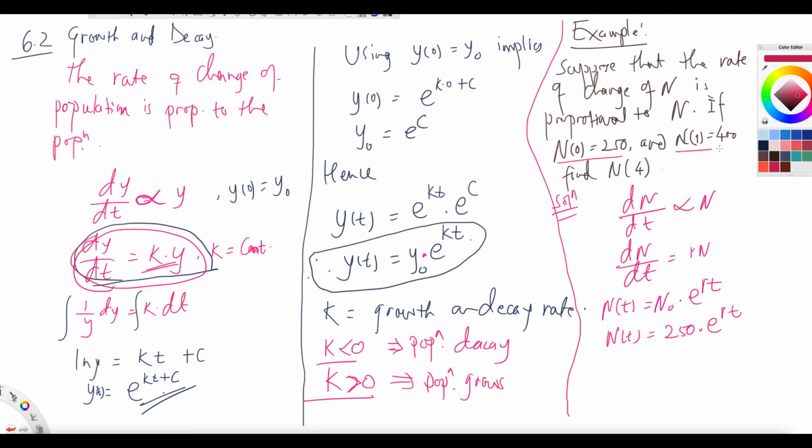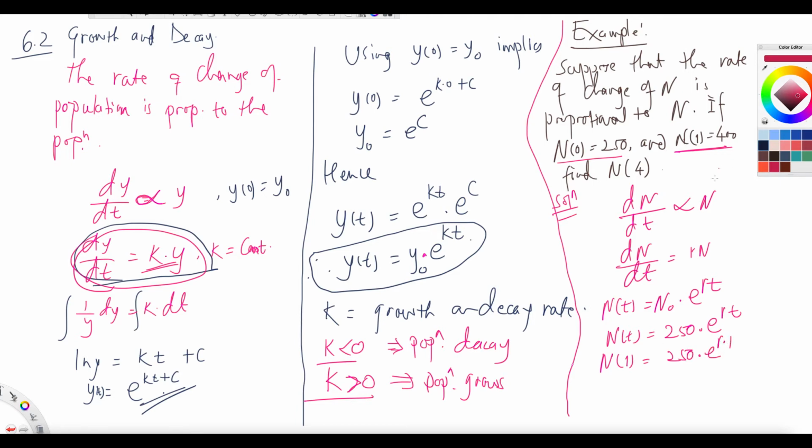Now we don't know what r is, the growth rate. So how do I find the growth rate? You need to use the other information. Using n1, which equals 250 times e to the r times 1, because I'm replacing t by 1.